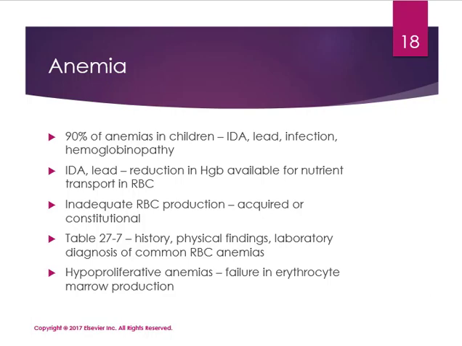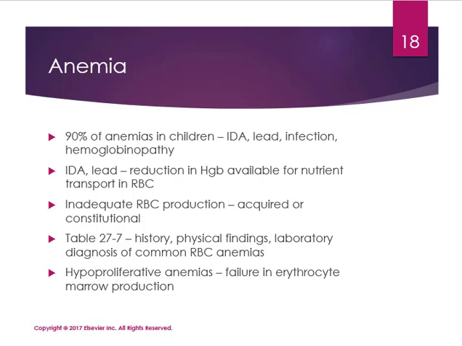It talks in regards to what history might be seen, physical findings, lab diagnoses of more common RBC anemias. So you'll find more information on iron deficiency, alpha and beta thalassemia traits, hereditary spherocytosis, chronic inflammation, and lead intoxication.